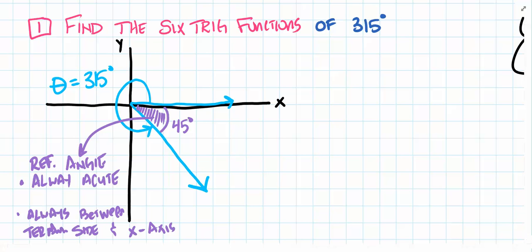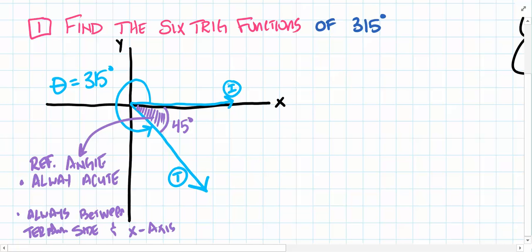What do I mean by the terminal side? The ending side. Yeah, the ending side. This is my terminal ray. This was my initial ray. Remember, I don't have to write the I and the T to remind us of initial and terminal. I have the arrow to indicate which one is the initial and the terminal. Remember, the initial side is always glued down to the positive x-axis anyways, right? So it's always between the terminal side and the x-axis. Why is that important? It can't be like within the angle itself.